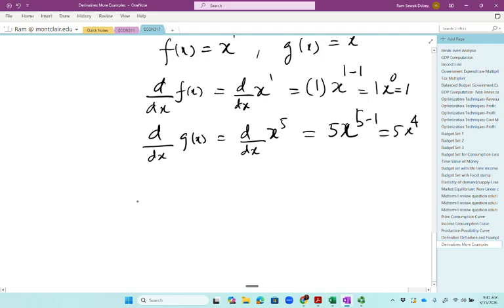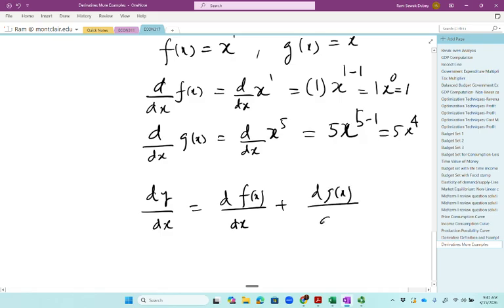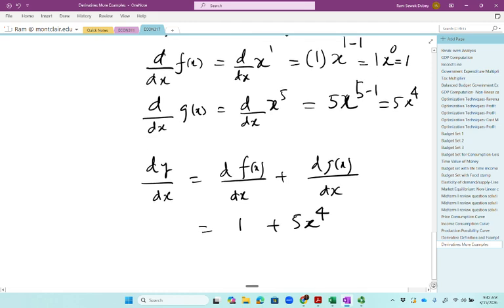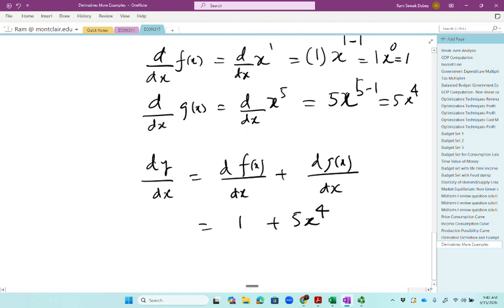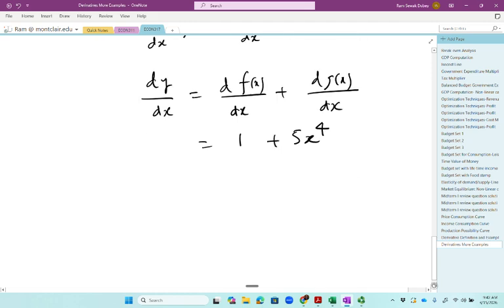And so the derivative of the sum of two functions is the sum of these two derivatives, and they turn out to be 1 plus 5 x to the power 4. So that's the first rule of differentiation, the derivative of a sum.